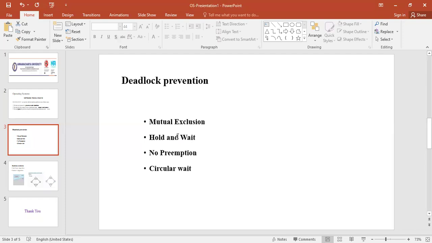Why? Because hold and wait means it will be holding one resource and waiting for another process's resource. So if it is satisfied with its own resource, at that time the deadlock state will never occur.